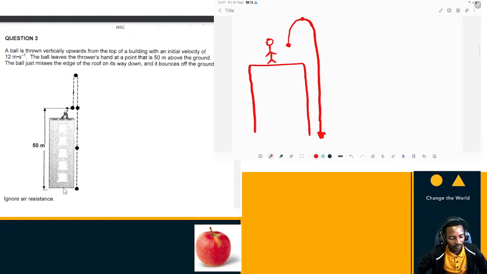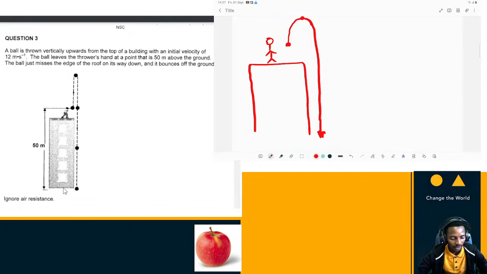So why is the velocity of the ball decreasing, rather than increasing? So it was projected at 12 meters per second, but after some time it will be 0. So it is decreasing because the acceleration that is acting on the ball is the gravitational constant, and we know it is always pulling downward.